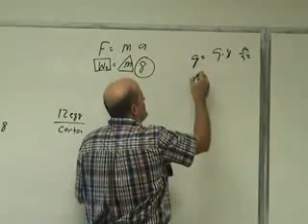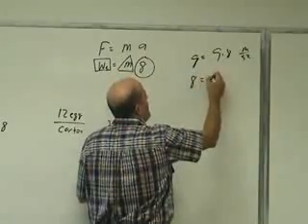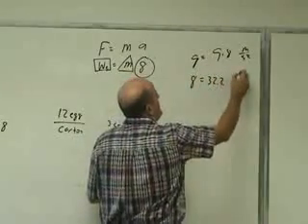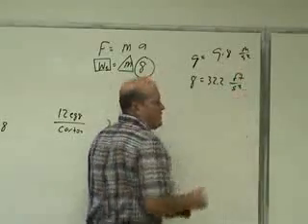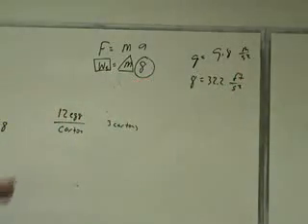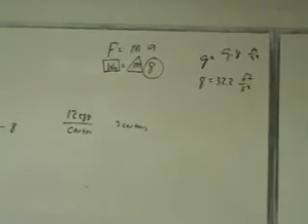And in U.S. customary, it's 32.2 feet per second squared. So depending on what units you're using, either 9.8 or 32.2. This one you're going to be in metric.